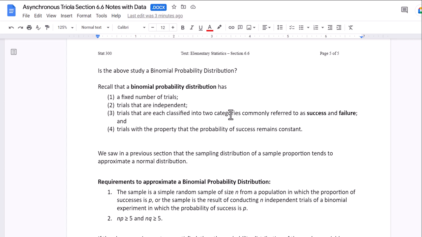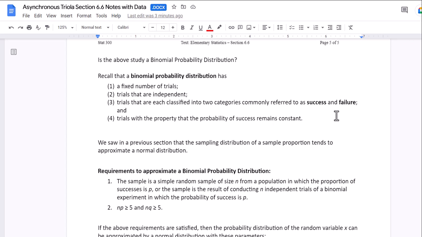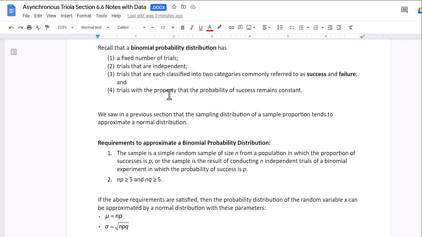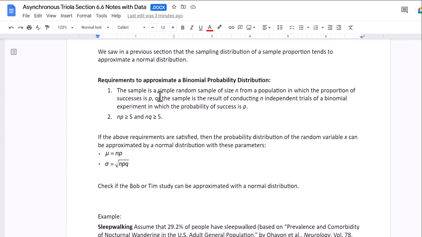So we had Bob or Tim, and success or failure. Assigning the name Tim was the success. Trials with the property that the probability of success remains constant, right? Each of you had to choose between the name Tim or Bob. So each probability is 1/2. So that was the same for everybody. So our Bob and Tim study classifies as a binomial probability.